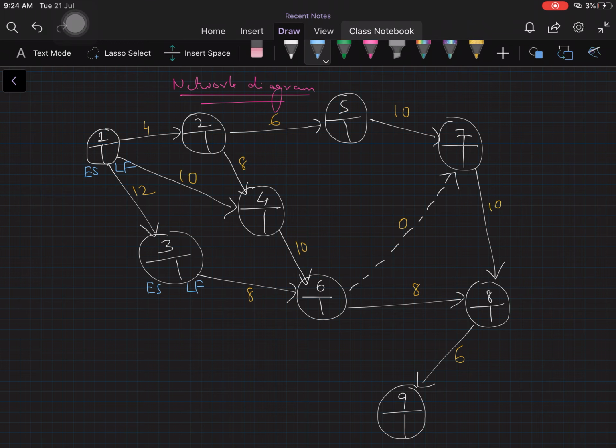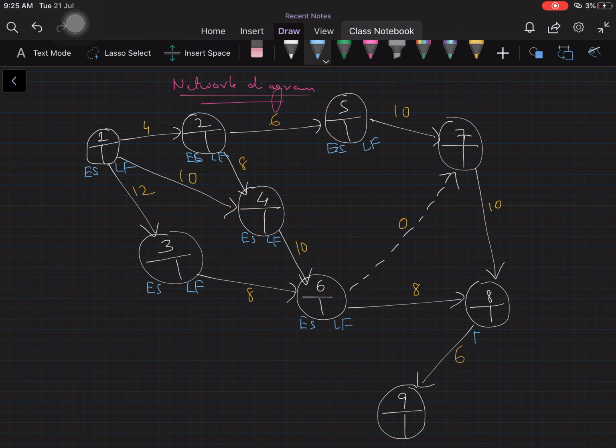Similarly we have early start and late finish. Early start and late finish. And we have early start here, ES and LF.